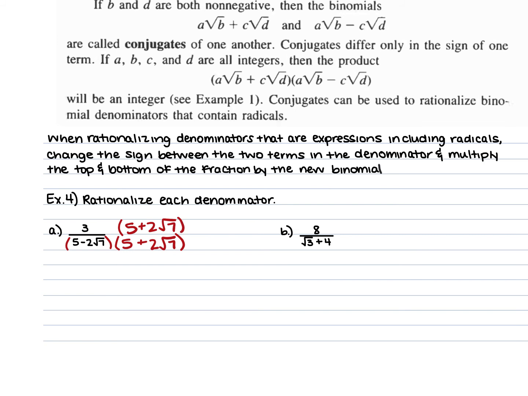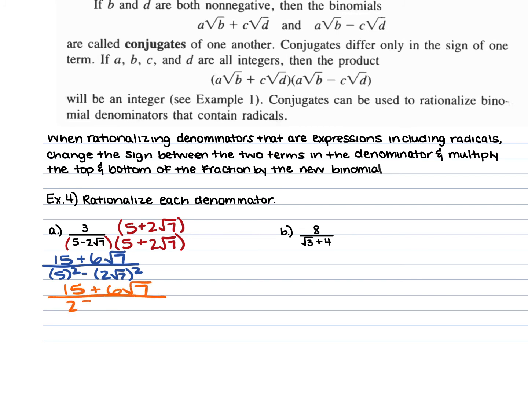If we distribute in, the 3 times 5 is 15. The 3 times 2 square root 7 is 6 square root 7. On the bottom, I have a difference of squares, so it's going to be 5 squared minus 2 square root 7 squared. The 15 plus 6 square root 7 I can't do anything with, so I'm just going to rewrite it up top.